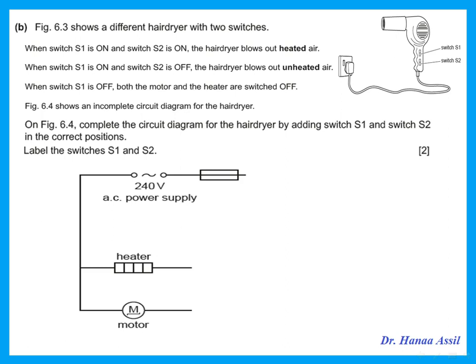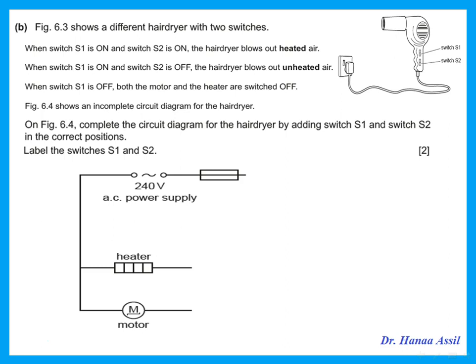Then when switch 1 is on but switch 2 is off, the hair dryer blows out unheated air. That means if I open switch 2, the heater does not work. When switch 1 is off, both motor and heater are off.